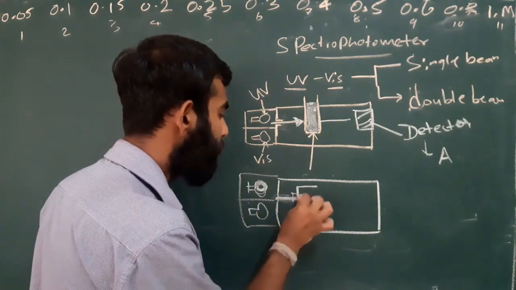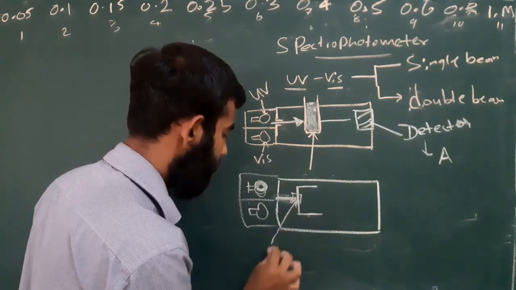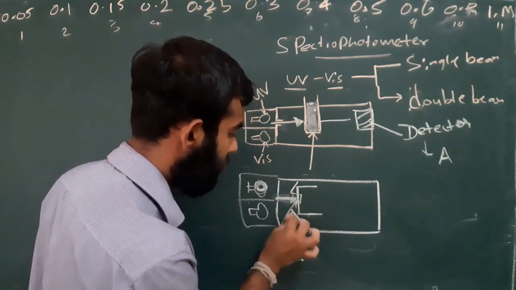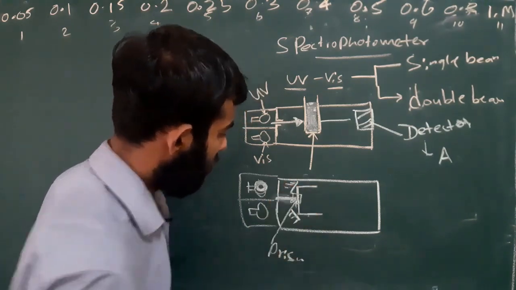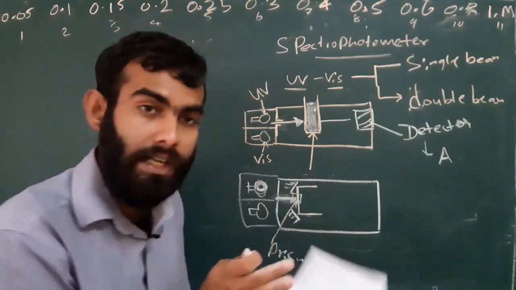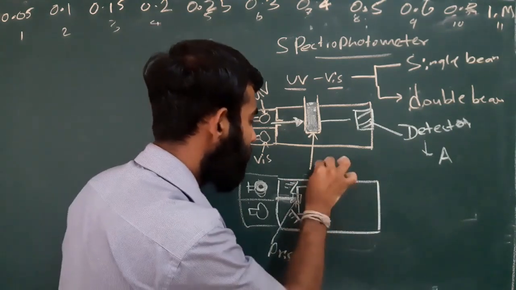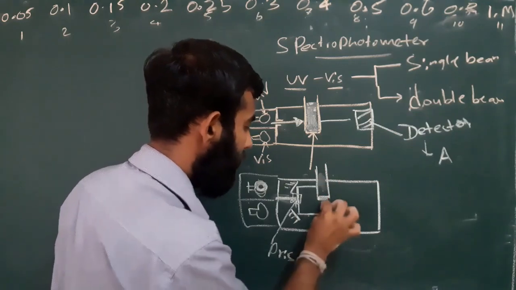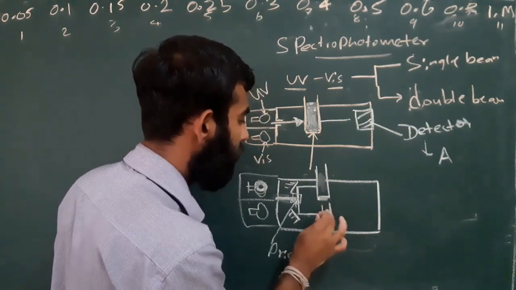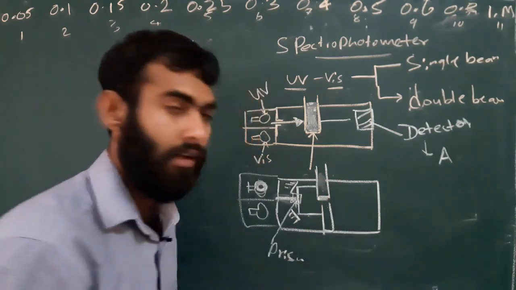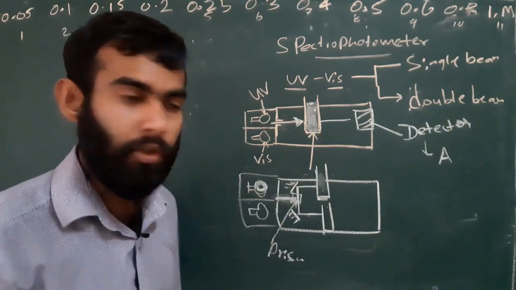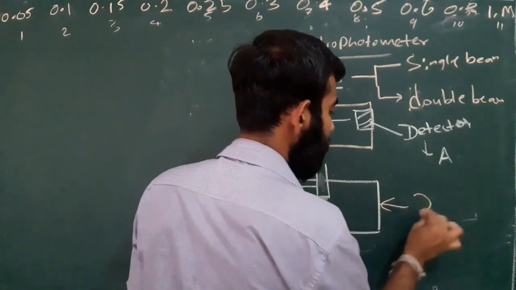Here we use a prism, and there are some mirrors. This light will divide into two parts. One will go through one cell, and the other light beam will go through the other cell. We can include two sample cells for this instrument, the double beam spectrophotometer.